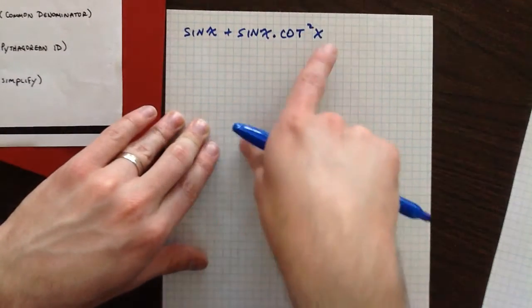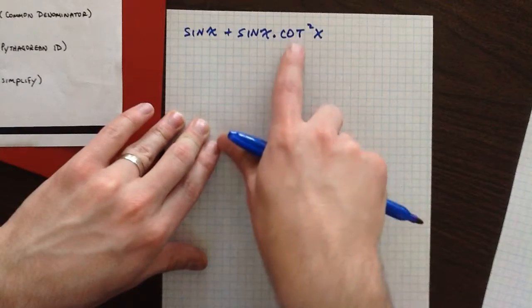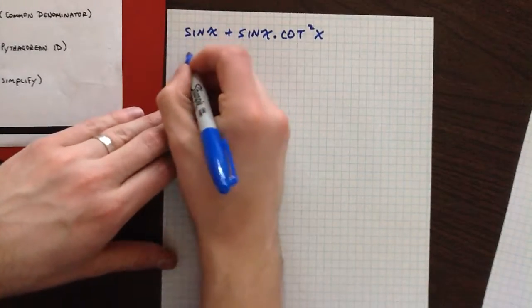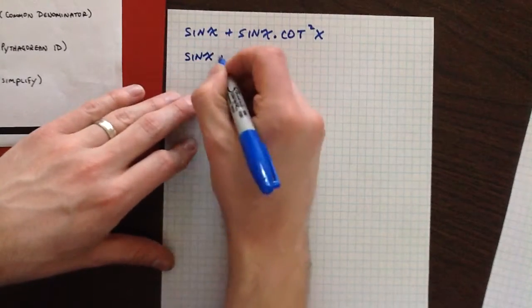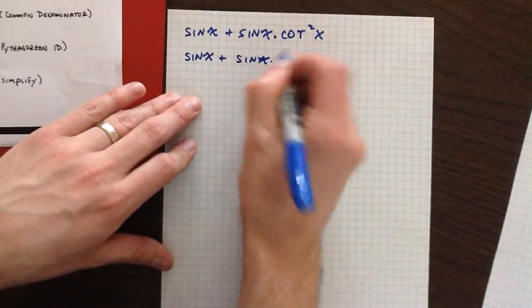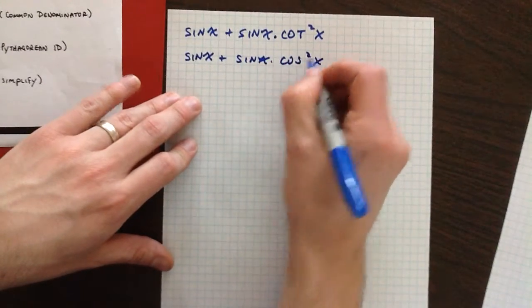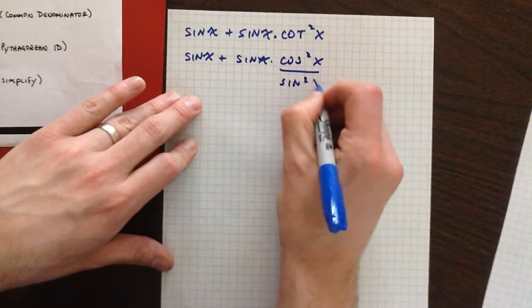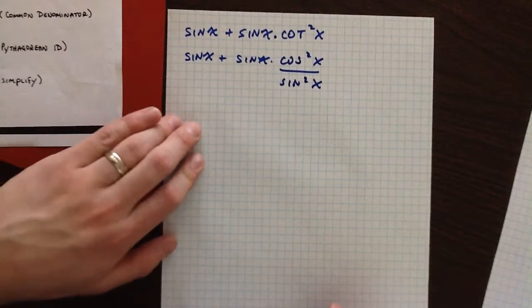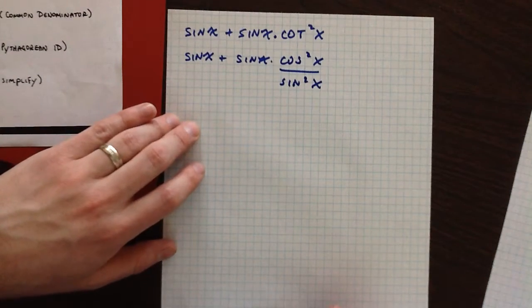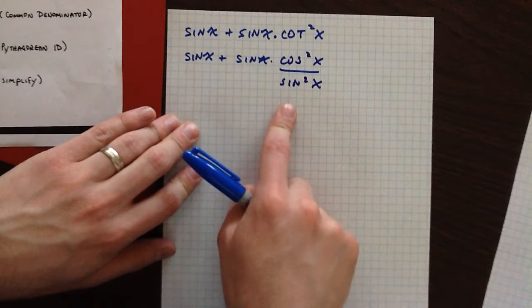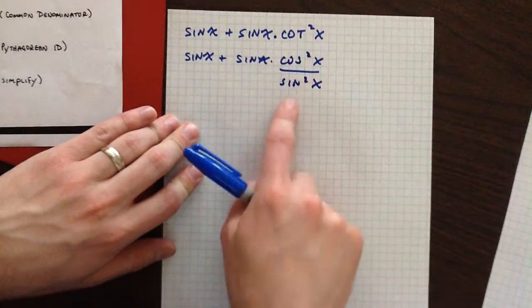This is sine of x plus sine times cotangent squared. If we switch this out, we've got sine plus sine times cosine squared over sine squared. Does that help us at all? Well, yeah, that's the same thing.